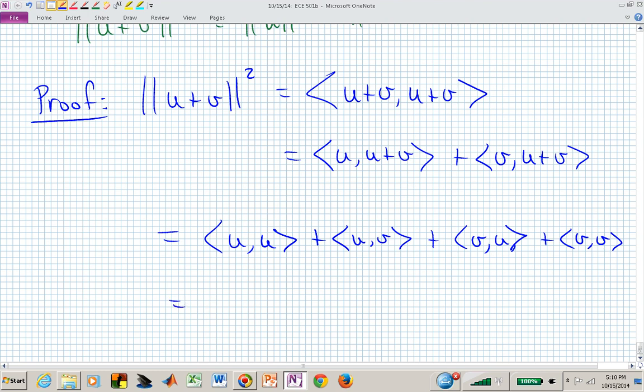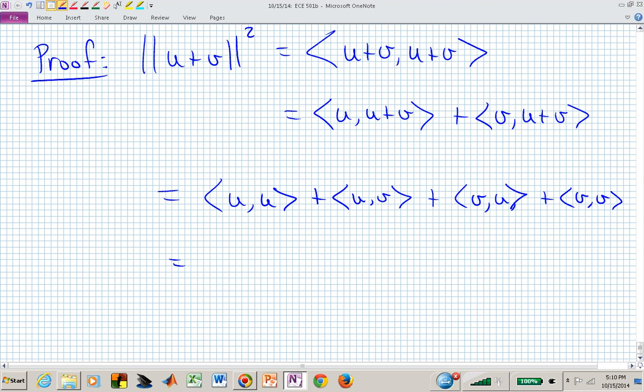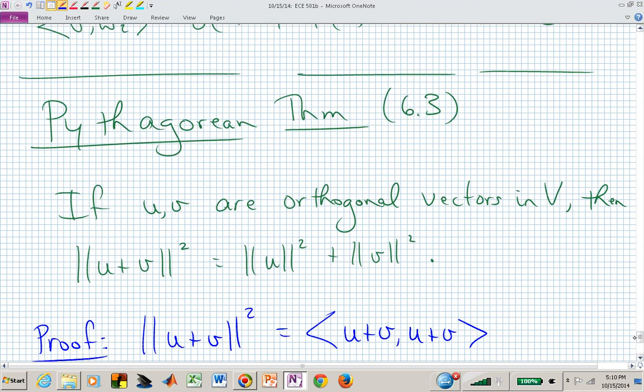But now I can rewrite these inner products of vectors with themselves as norms squared, meaning I can now say this is the norm of u squared, plus the inner product of u and v, plus the inner product of v and u, plus the norm of v squared. But remember what we were assuming as a hypothesis in this theorem. They're orthogonal.